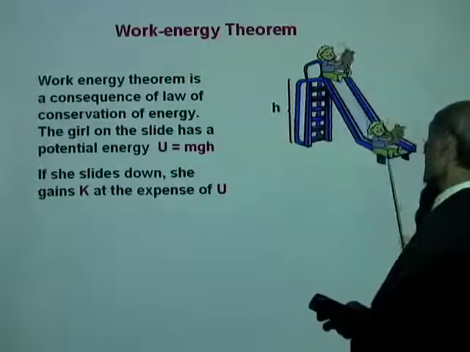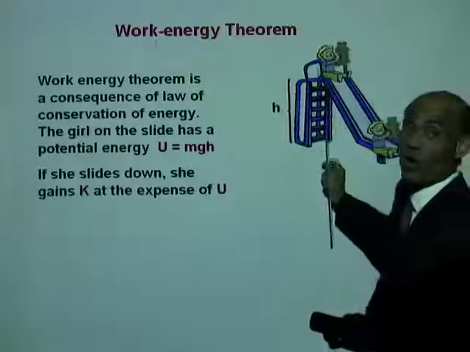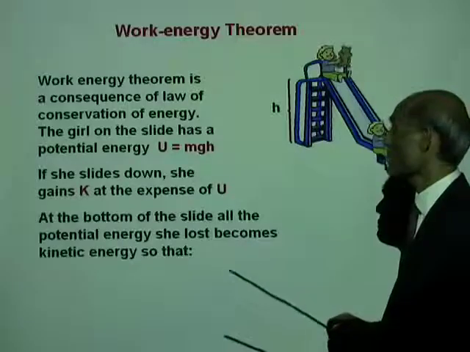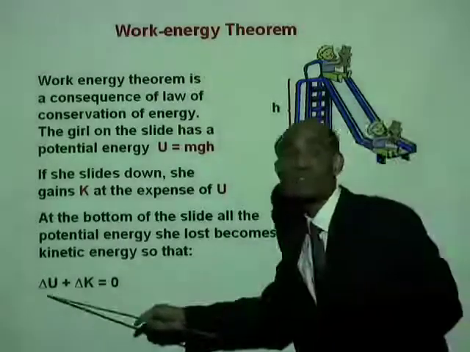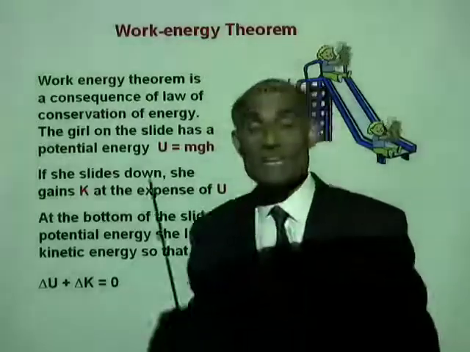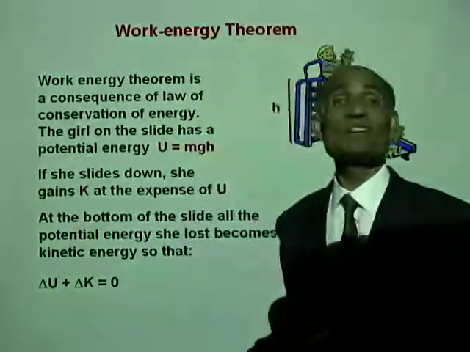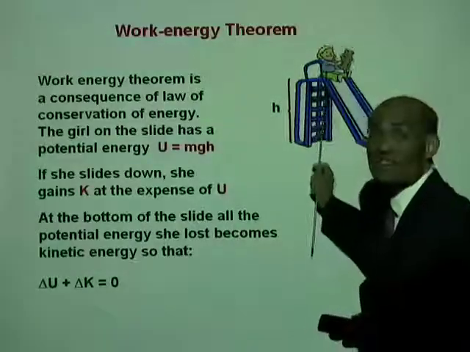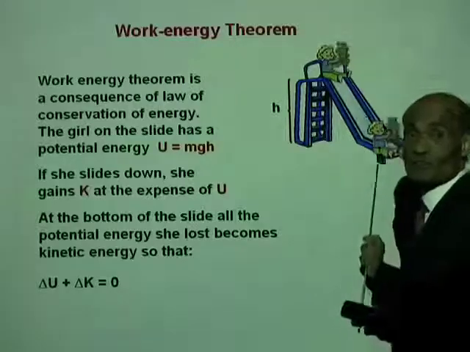So at the bottom, all that potential energy will become kinetic energy, so that delta U plus delta K equals 0.